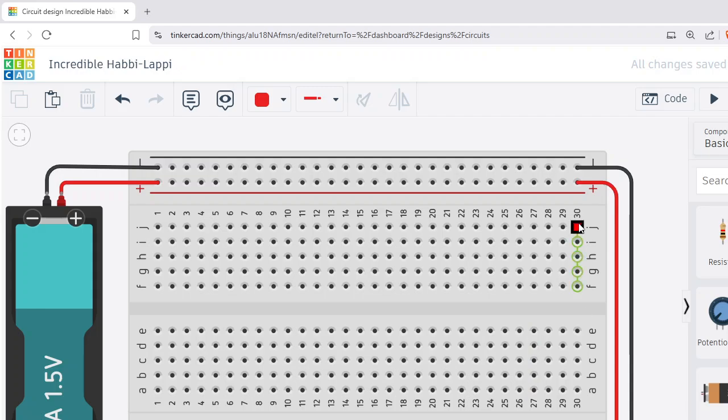Here, 5 of these are connected at every point. For example, these 5 are connected, and these 5 are connected. So please remember, line number 27 is a separate group and this is a separate group. If I have anything connected here, there will be no connection there.